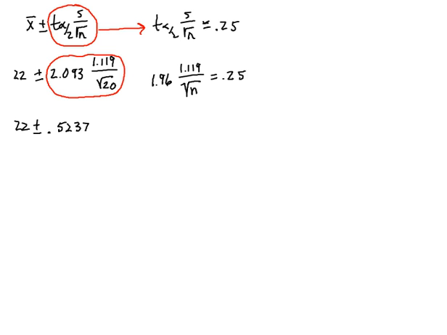For 95% confidence intervals, that's 1.96. For a 90% confidence interval, that's 0.05. So I'm going to go ahead and use the 1.96. Standard deviation, I can't change that. I can change my sample size, and I can increase it to be large enough that I would ultimately get this margin of error part of the formula to be down as low as 0.25.